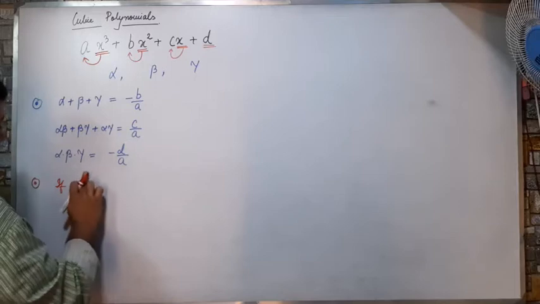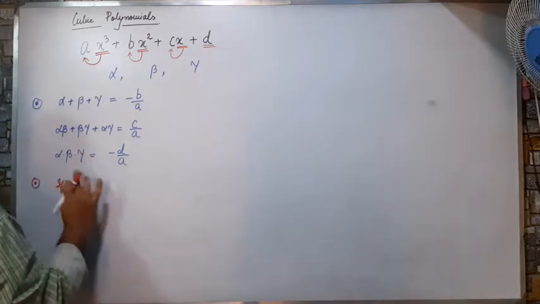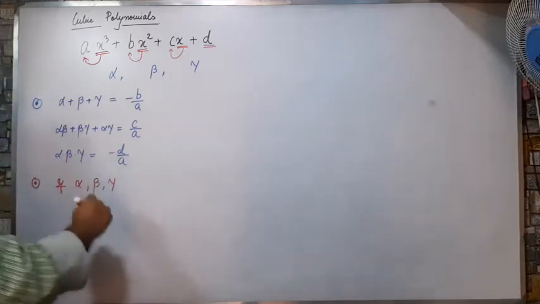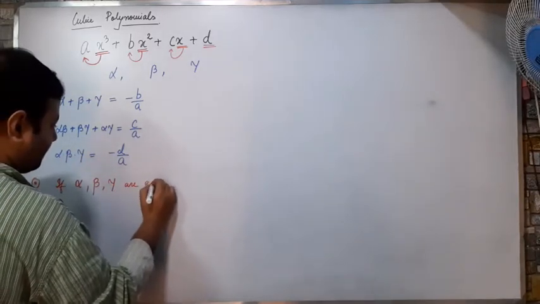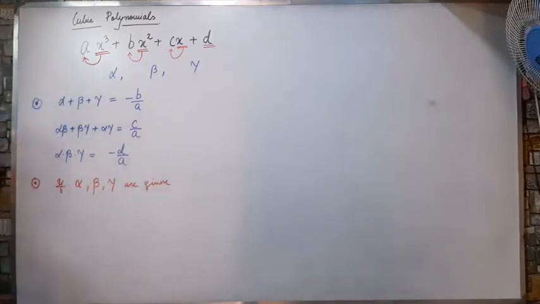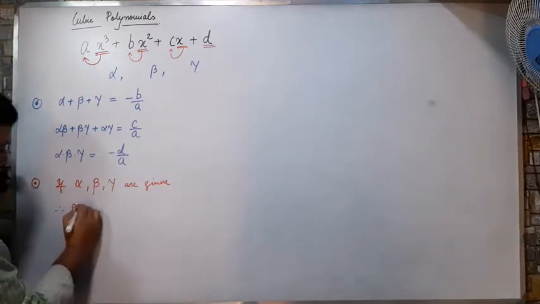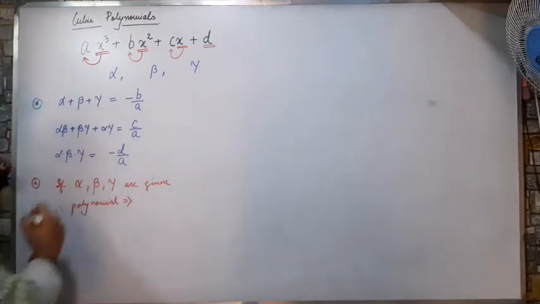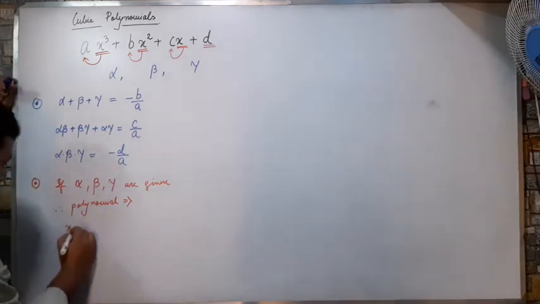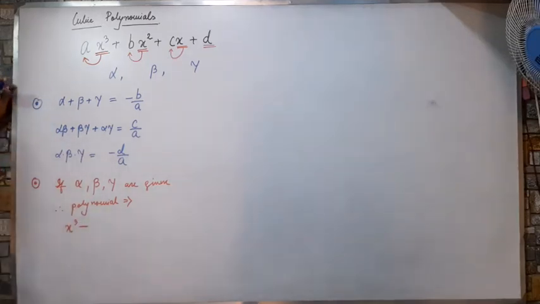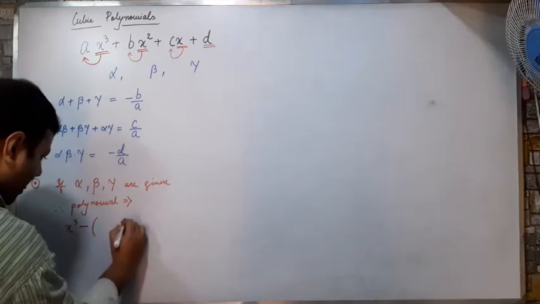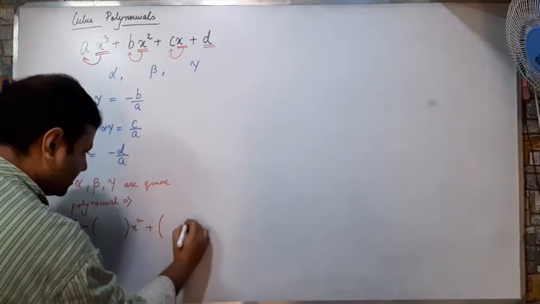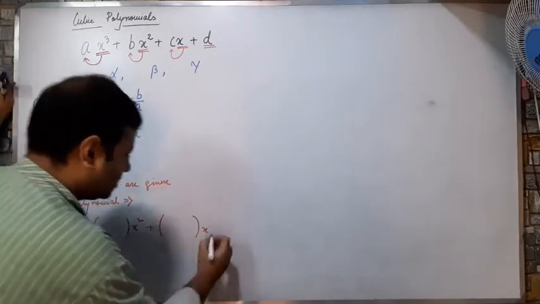If alpha, beta, gamma are given, therefore the polynomial will be x cube minus, x square plus, x minus.